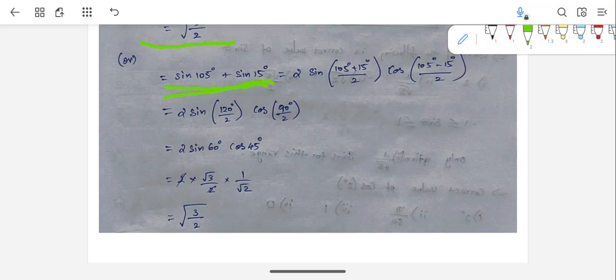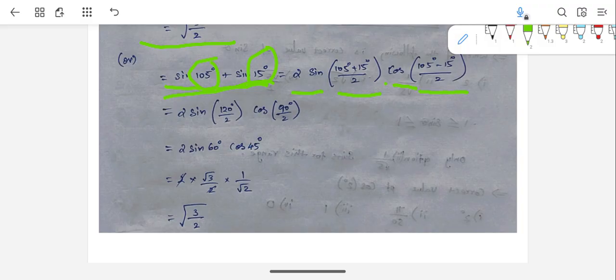Then you can use that formula, that is nothing but 2 sine (c plus d by 2) into cos (c minus d by 2). So c is nothing but 105 degrees, d is nothing but 15 degrees. So 105 plus 15 divided by 2 into cos of 105 minus 15 by 2. Why? Because that is the formula, right?